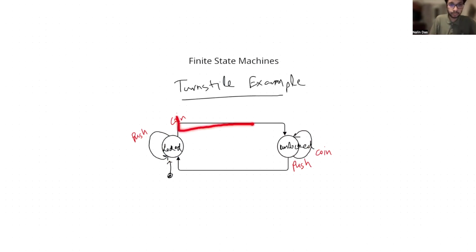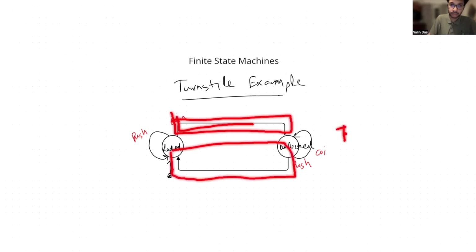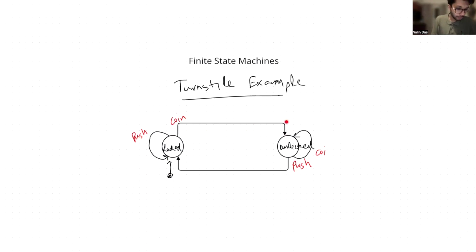So basically this right here is what we call a transition, where we go from one state to another state. And we have the input. So this right here is the input, which is the coin.